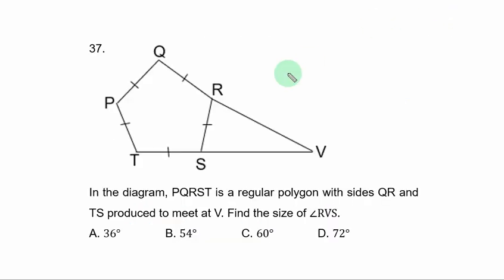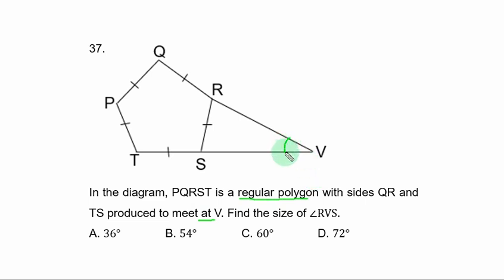Question 37. In the diagram, PQRST is a regular polygon with sides QR and TS produced to meet at V. Find the size of angle ROVS. That is this angle.